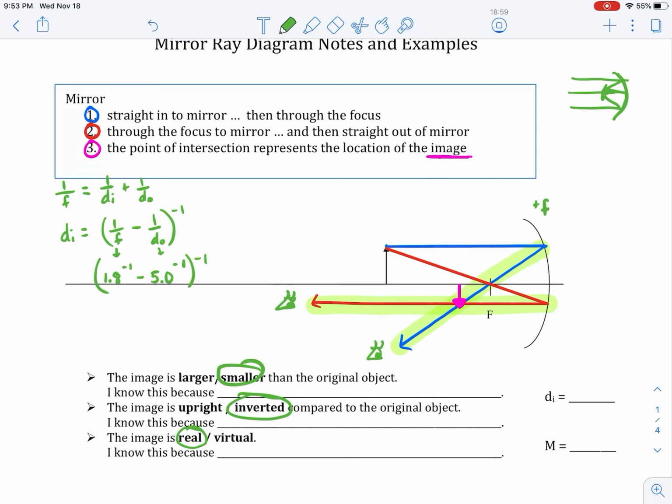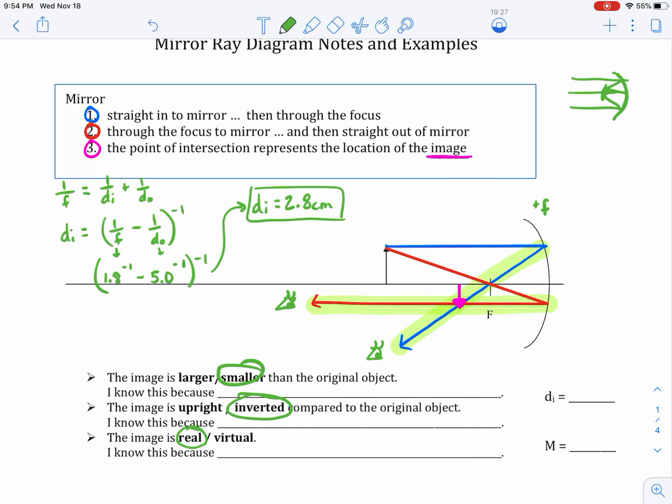So I'm just going to use 1.8. In your calculators, do 1 over 1.8 minus 1 over 5.0, and then take that answer and invert it. Once you put all of that in your calculator, you should get an answer that rounds to 2.8 centimeters. So this tells me DI is equal to 2.8 centimeters.